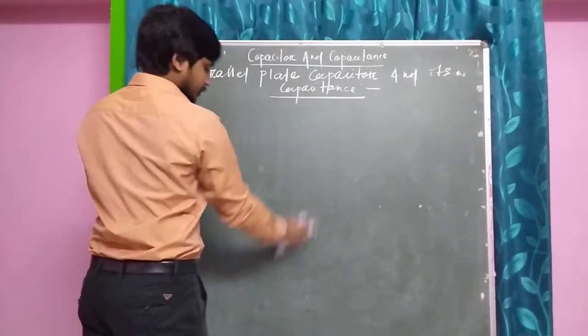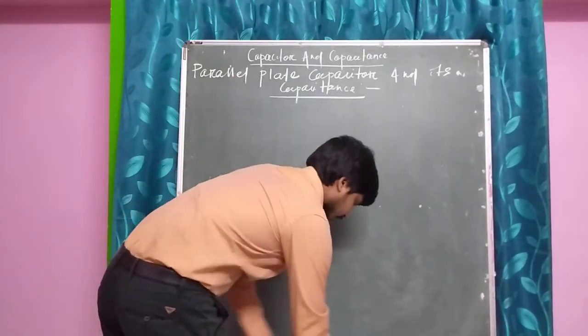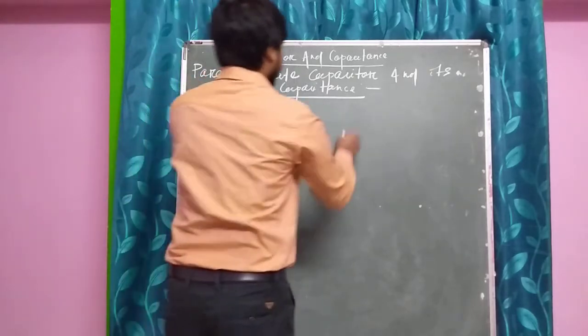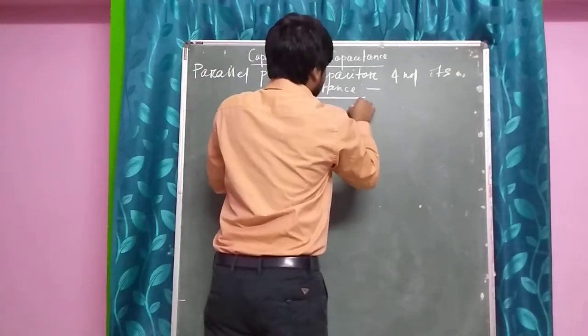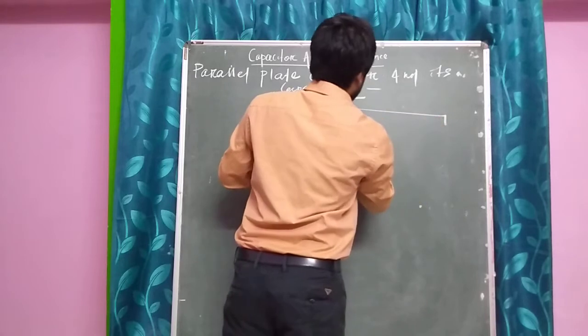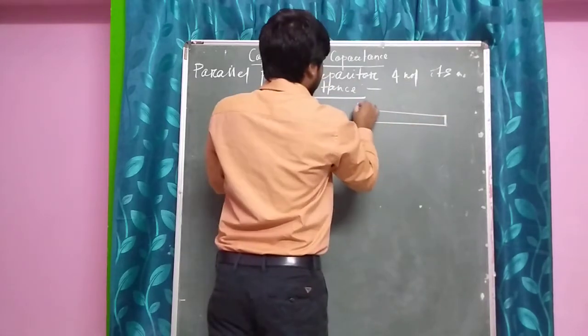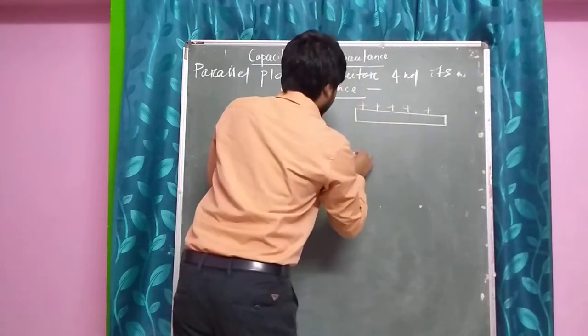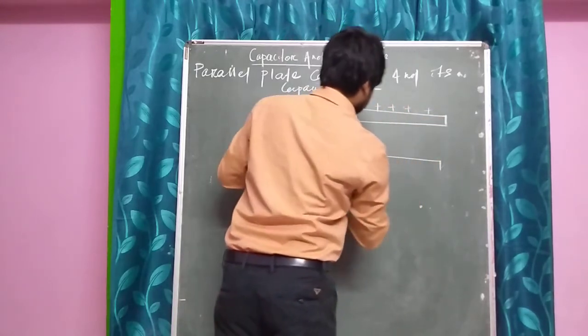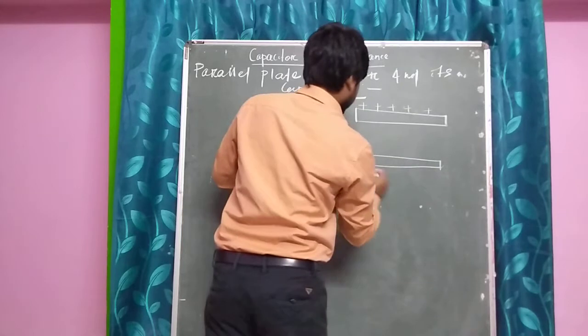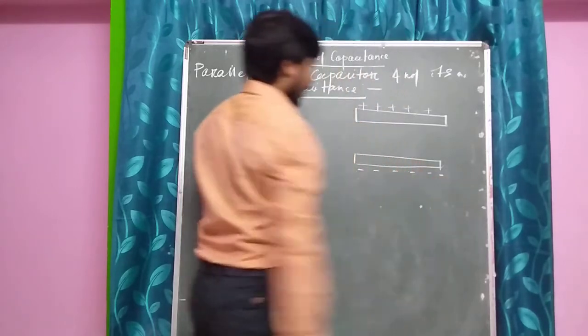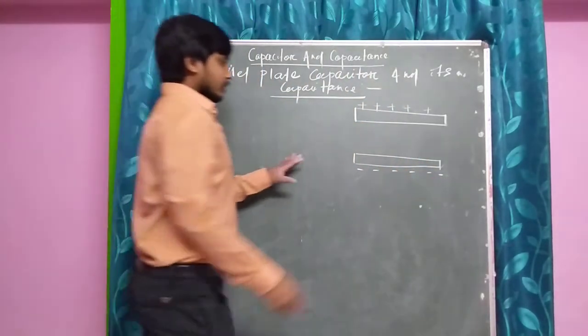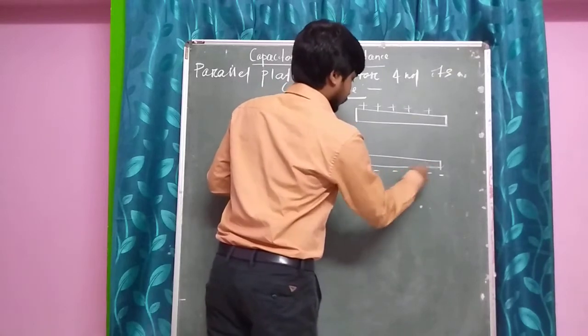Parallel plate capacitor means you will have two plates. Let this one be positively charged and another plate negatively charged, and they are separated by a certain distance.